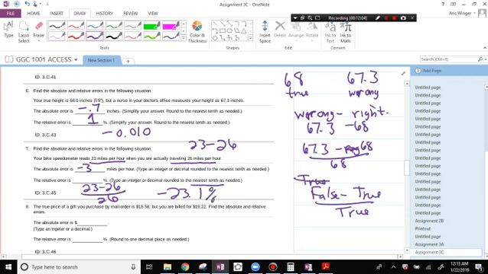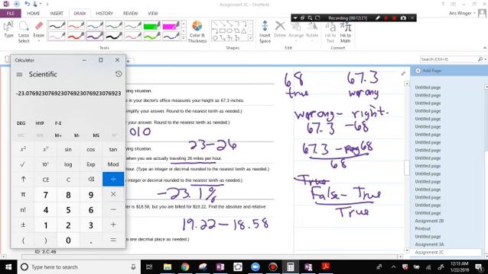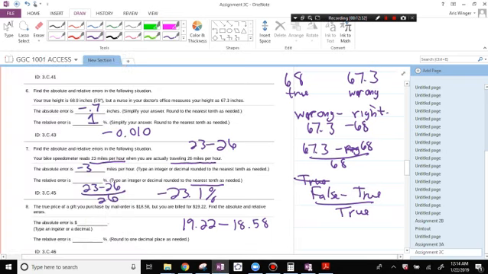The true price of a gift you purchase by mail order is $18.58. But you're billed for too much. So you would subtract that: 19.22 minus 18.58 is 64 cents too much, 0.64.